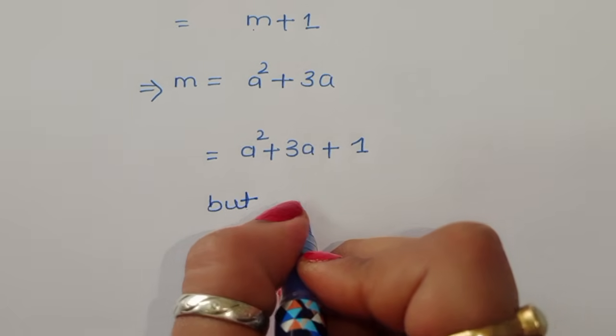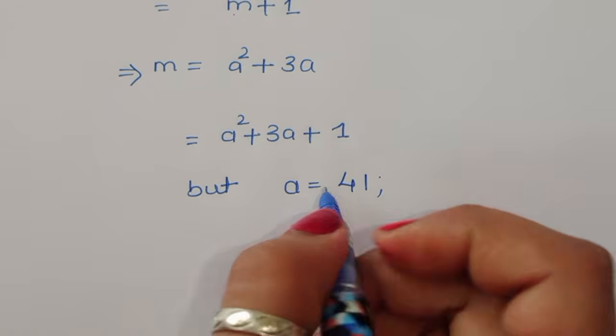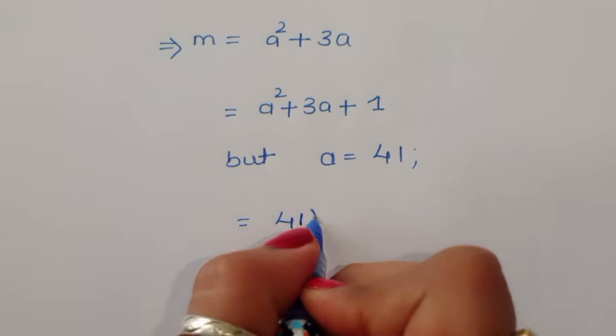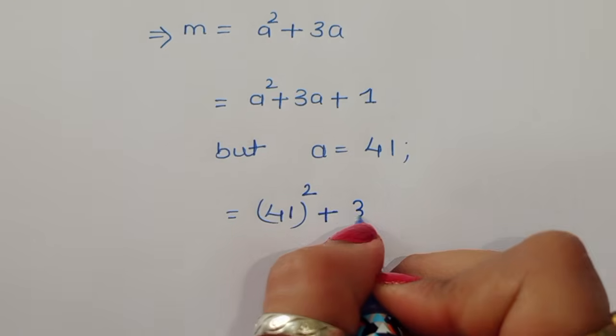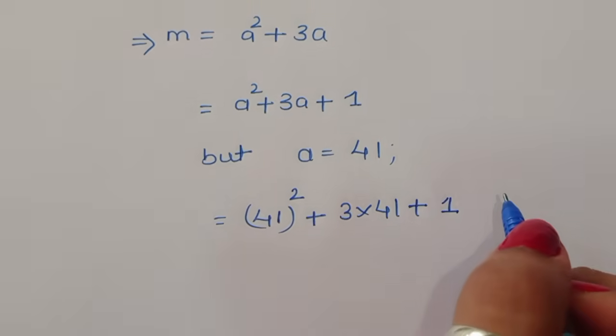But we already considered that A is equal to 41, right? So here A is 41, so 41 square plus 3 times 41 plus 1.